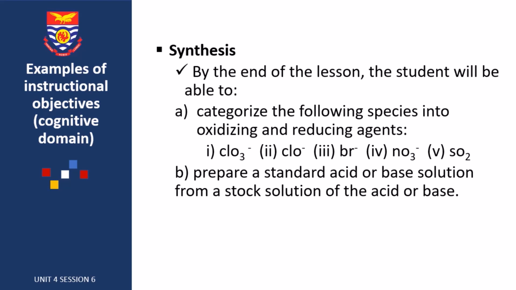Okay, so let's look at the next example. Prepare a standard acid or base solution from a stock solution of the acid or a base. This is also an objective that reflects the synthesis level.